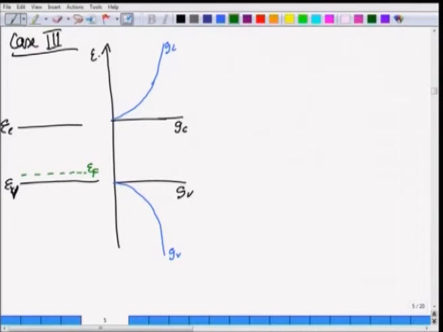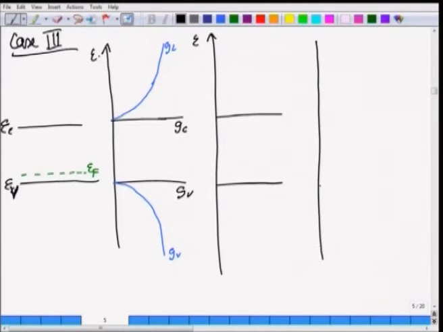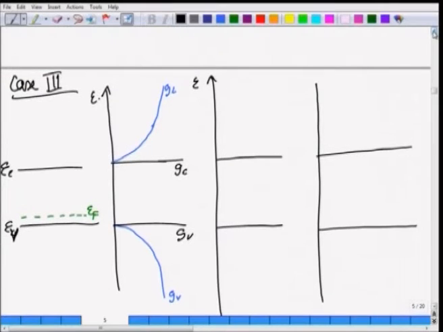In that case what happens? Let us plot the Fermi function curve. Here is the energy. On this axis we are going to plot GC of E into f of E, and we plot 1 minus f of E into GV of E on this axis.